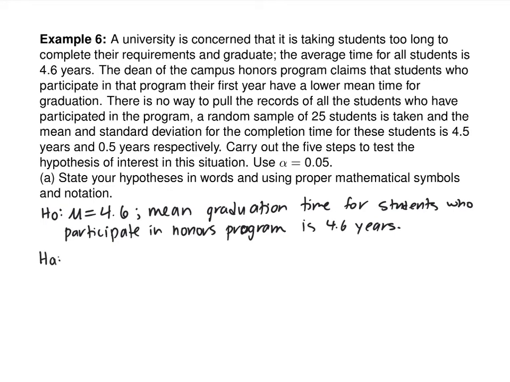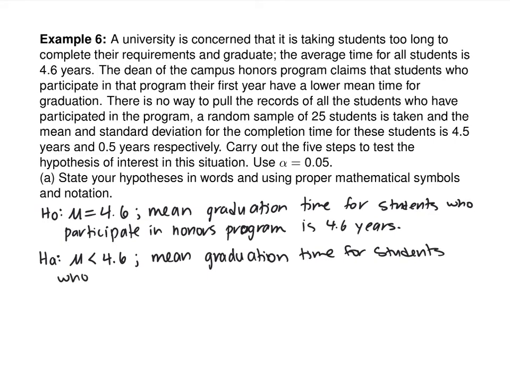And the claim of the dean of that program is that his students graduate faster, which means their means are less. Mu is less than 4.6. So the mean graduation time for students who participate in the honors program is less than 4.6.